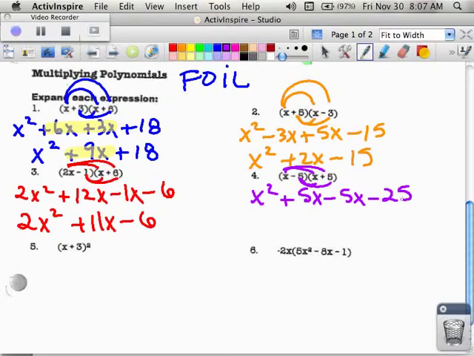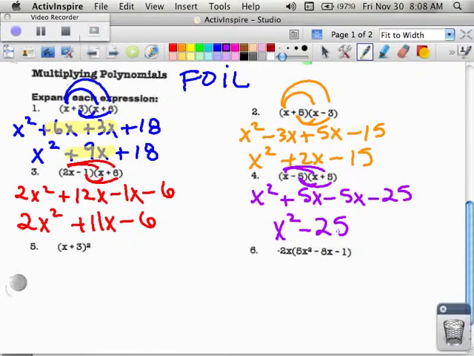And what we notice is the middle terms, those two like terms, cancel each other out, and we get x squared minus 25. This is called the difference of two squares, and occurs when you see two binomials, things with two terms inside the parentheses, multiply together that look exactly the same, and the only thing that's different is the sign in between them. So you'll notice that they both have an x and a 5, one's plus, one's minus.